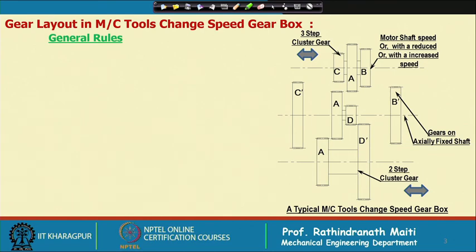These gears are mounted on a cluster which can be moved on the shaft, and this is a 3 step cluster of gears, and the shaft might be the motor shaft, that means directly connected to the motor, or with a step reduction, speed reduction or speed increaser, it is connected to the motor.